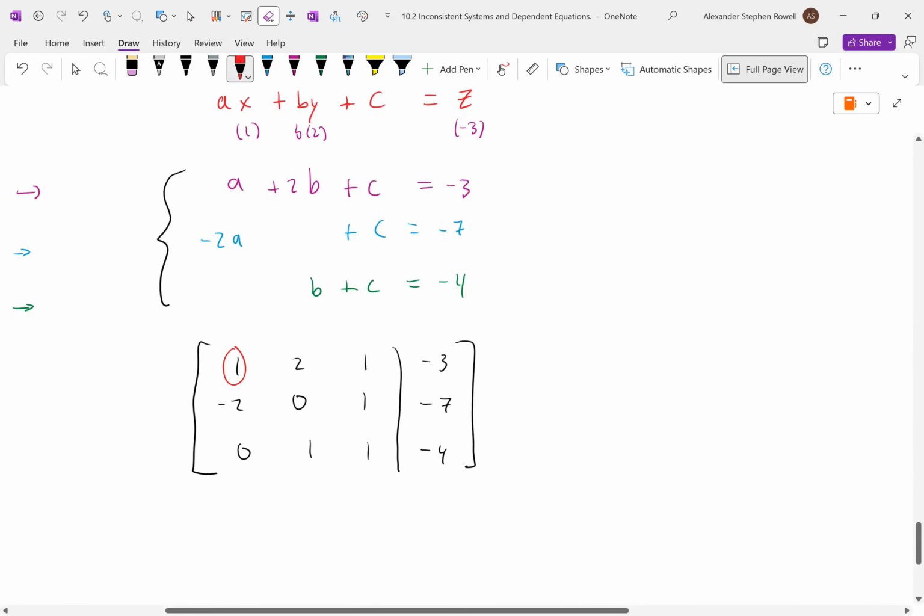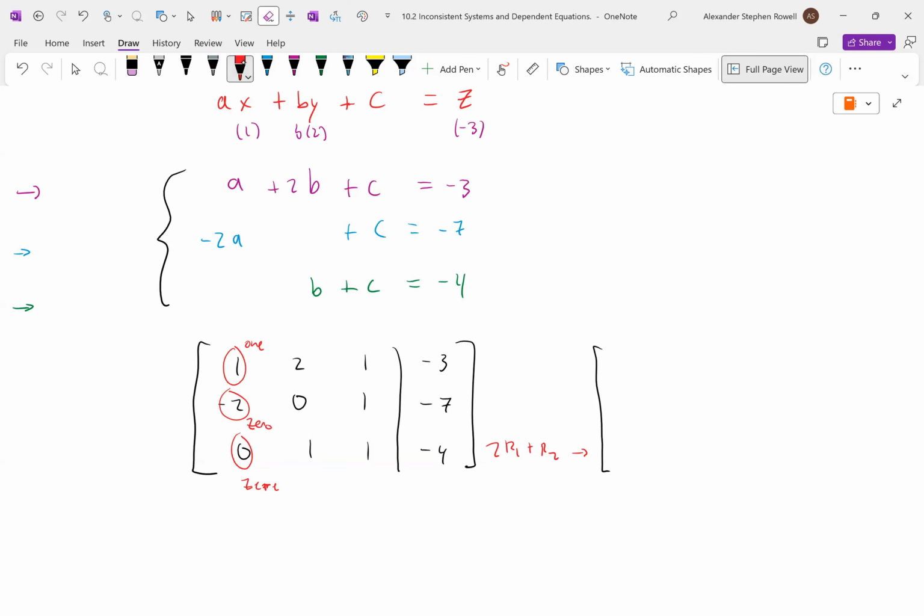We want to make this into a 1. It is. Make this into 0. It is. That's nice. So the next step, make this into 0. Let's do 2 row 1 plus row 2. Actually, I want to put that on the bottom line. 2 row 1 plus row 2 on the bottom line.